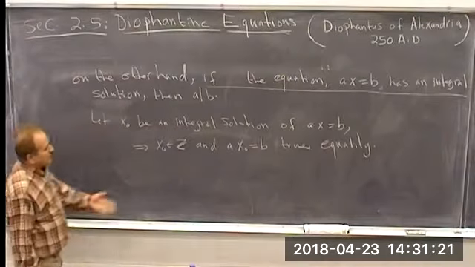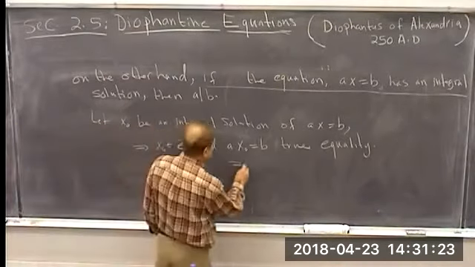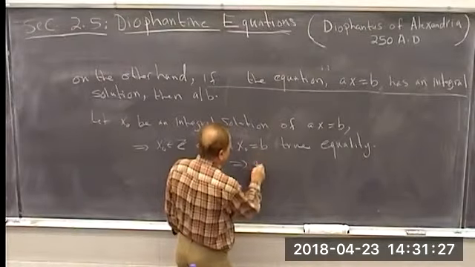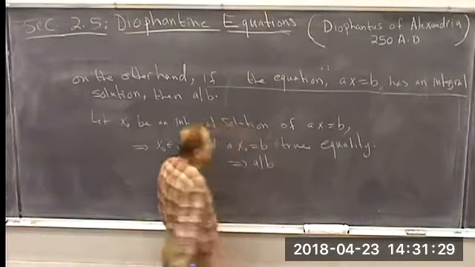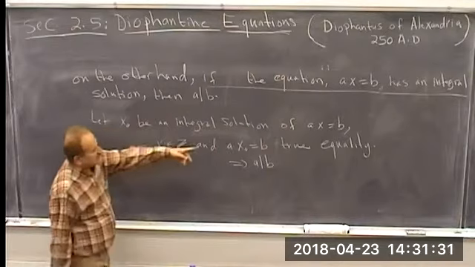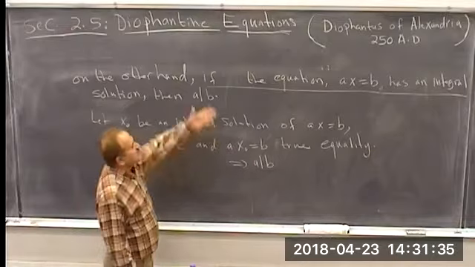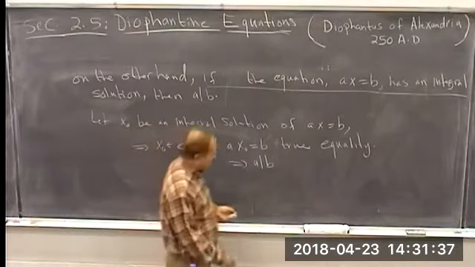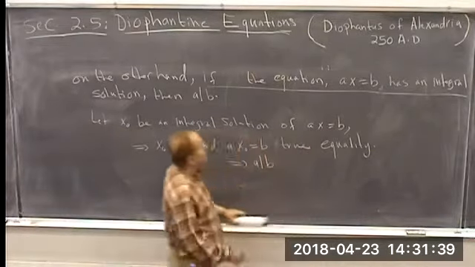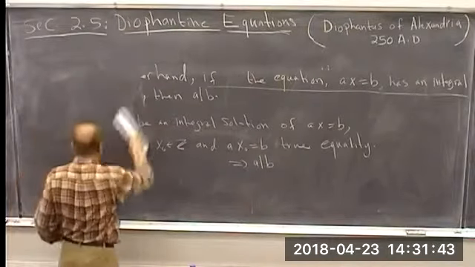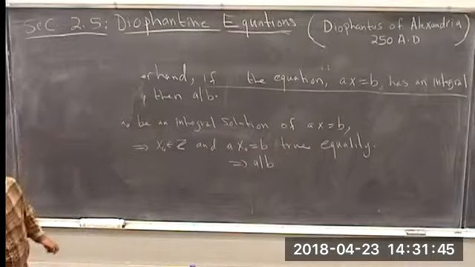From here, this means that A divides B, right? Because you could express B as a multiple of A. So what we have accomplished here is the proof of the following theorem. I just want to put this information in the form of a theorem.